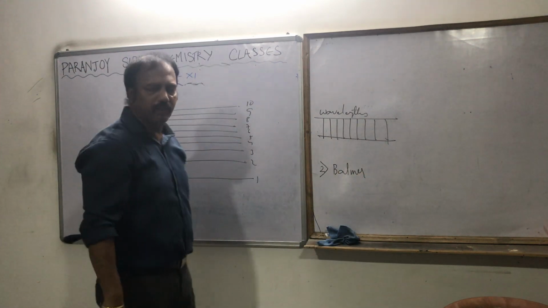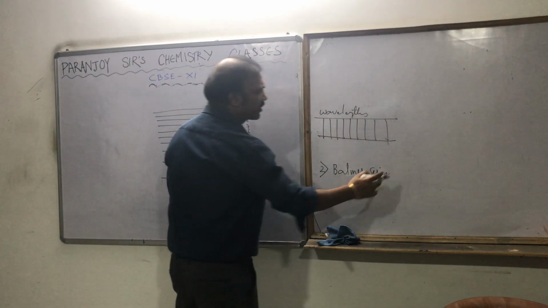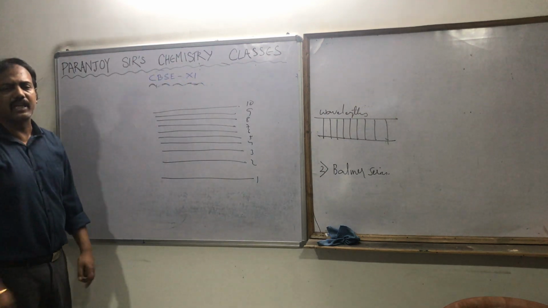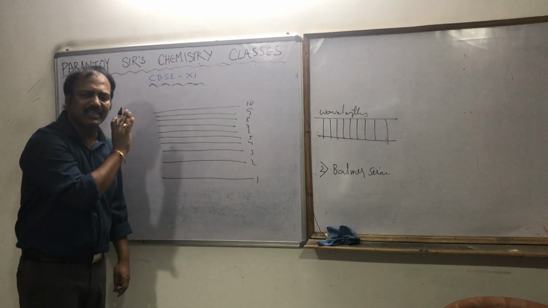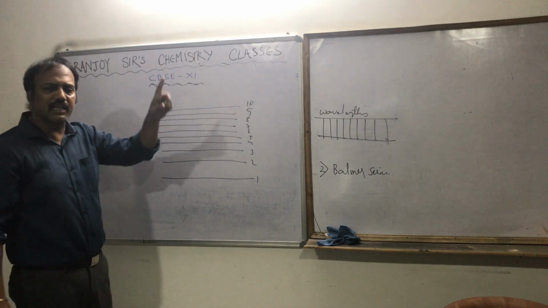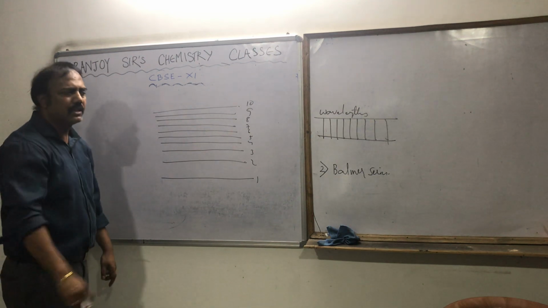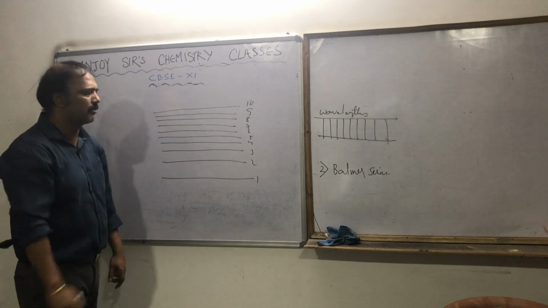What is the Balmer series? He told that when the electron jumps from the higher energy levels to the second energy level, that is why I wrote 2, the lines formed in the photographic plate are called the Balmer series.